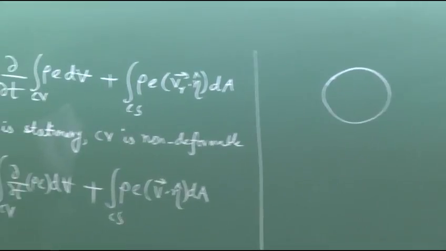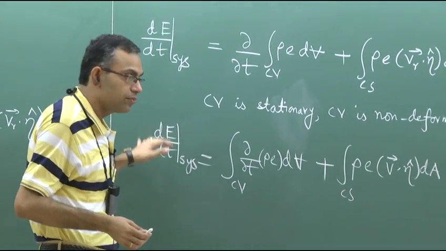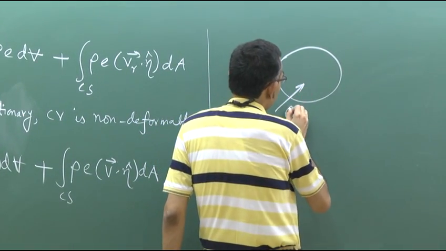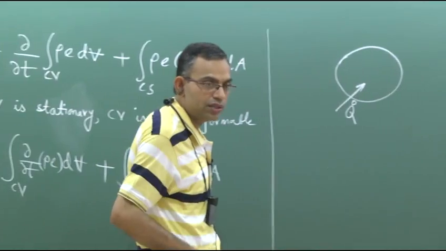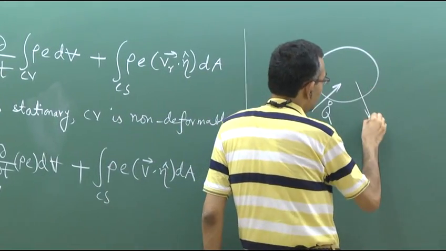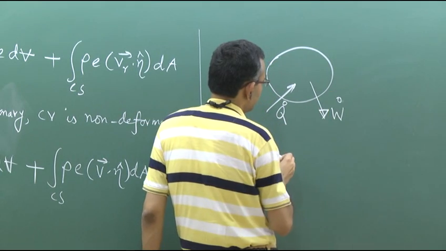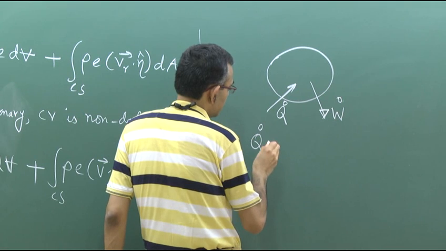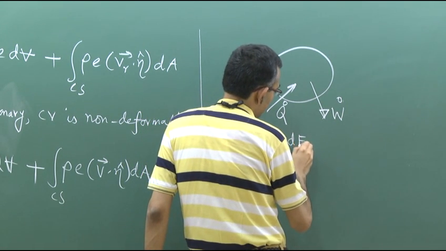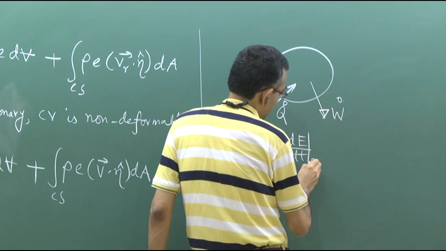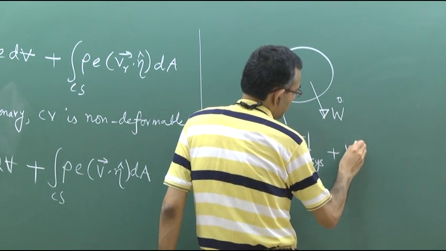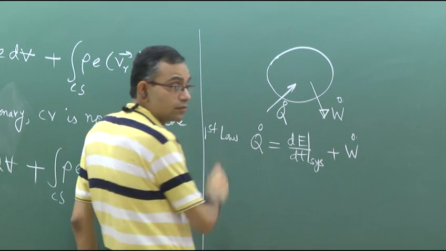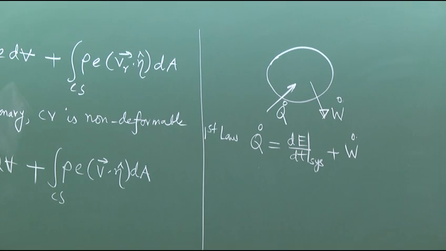The first law of thermodynamics in a rate expression can be written as, if you say that the heat transfer to the system is Q dot and work done is W dot, then Q dot, this is the first law. First law for a system.